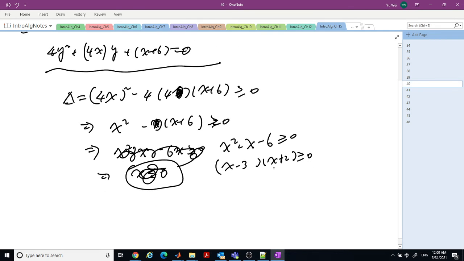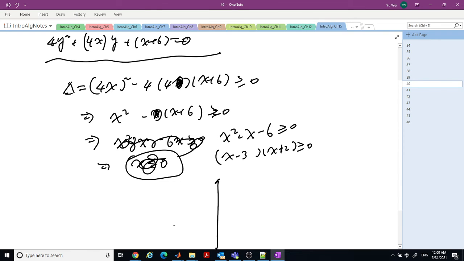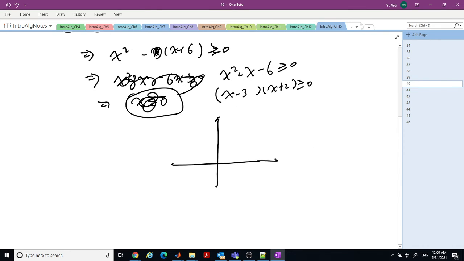All right, so it opens up. So the roots are negative 2 and positive 3, right? So the half is the center, so it's something like this, right?